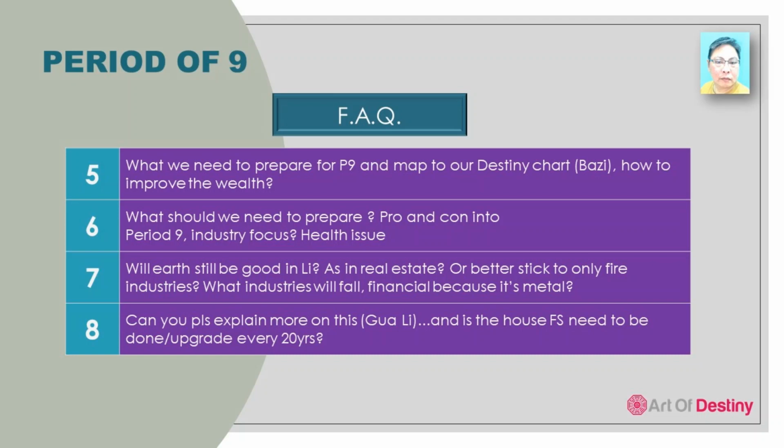Understand your house energy map and see whether you are still and will be enjoying good health, good energy. If not, what kind of changes can we do in order to improve that. And that is the way you improve your wealth, right? So that has to do indirectly with your wealth, because when you have good energy in your property, definitely you have a chance to enjoy improved wealth, right?